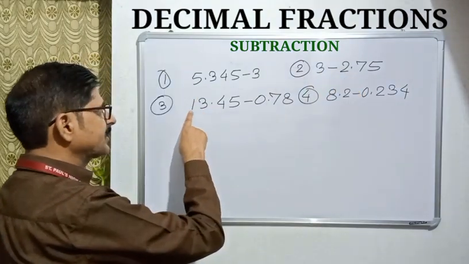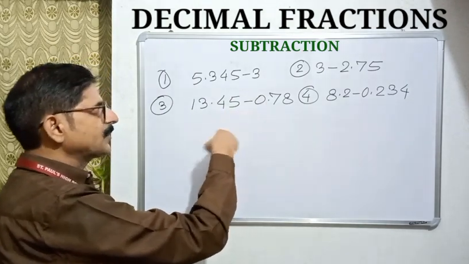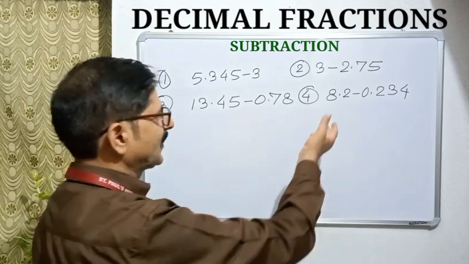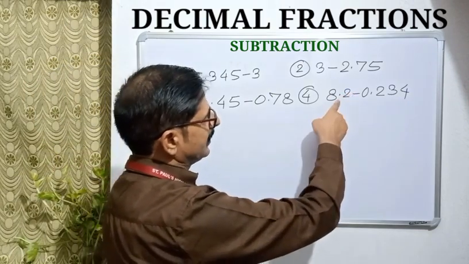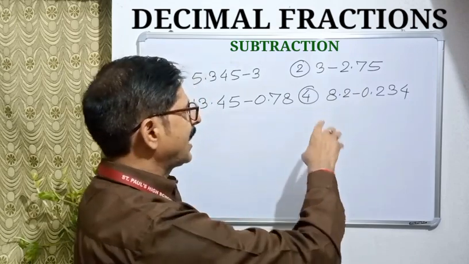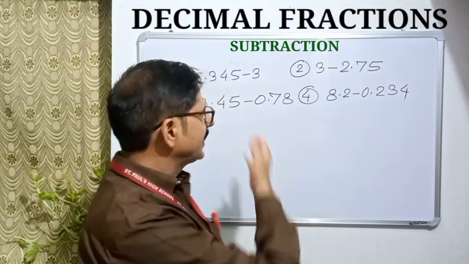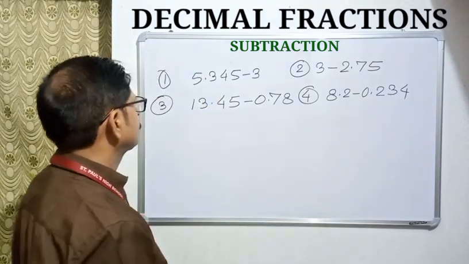In the third question, both the numbers are decimal fractions and of course they are like decimals. In the fourth question, both the numbers, minuend and subtrahend, are decimal fractions but they are unlike decimals. Let us solve one by one.